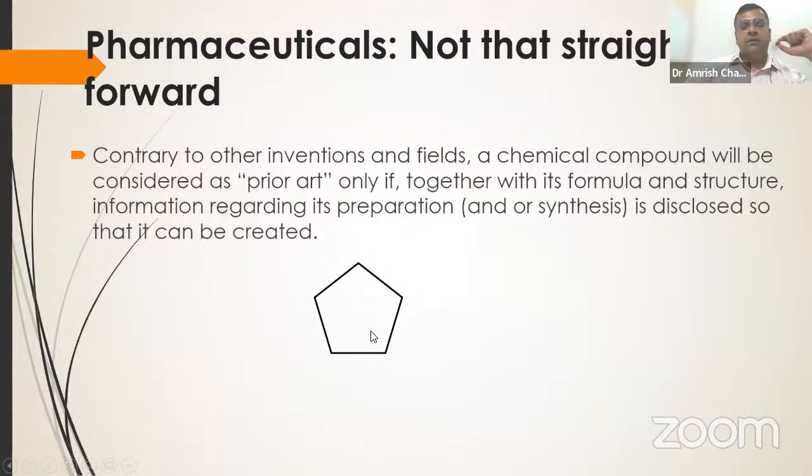Will it be patentable? You have worked tirelessly for years in the lab and made the first molecule like this, and in the comics which your child reads, you find that this kind of design is also there on the shirt of Superman.